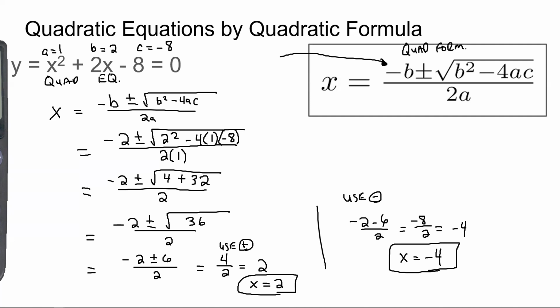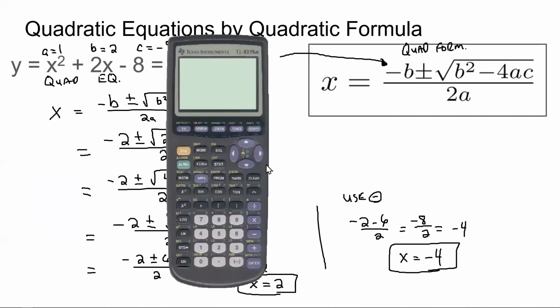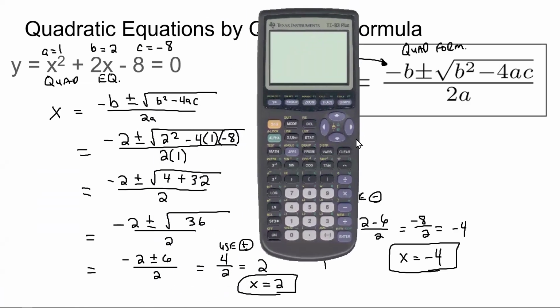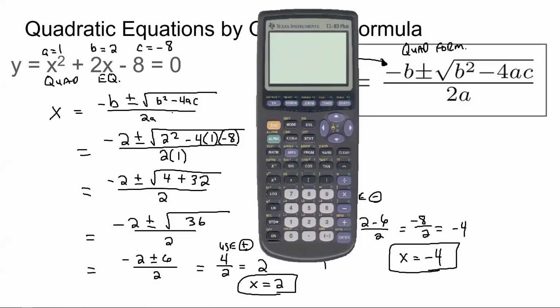Okay. Let me show you how to do that on the calculator real quick here, because you may want to do this someday. I'm going to come in right here, where I've got those numbers in, and I'm going to just put this in. You have to be careful with the parentheses here, though. So let me draw some of those in so you can see them.